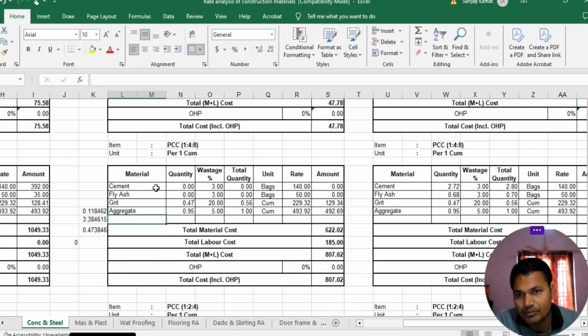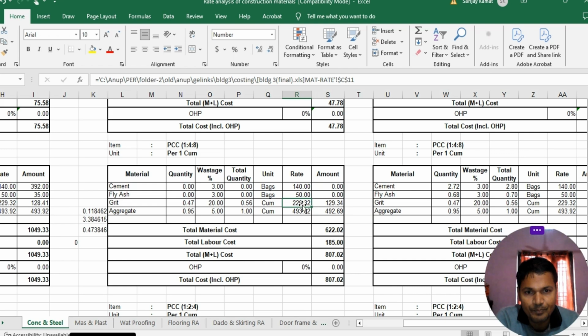We don't take the cement and we don't take the fly ash for this PCC. Okay, so we neglect this. So we take only grit and aggregate. So grit quantity we will take 0.47, and the wastage percentage of the grit we will take 20%. The total quantity we will take 0.56, and the unit of grit is cubic.